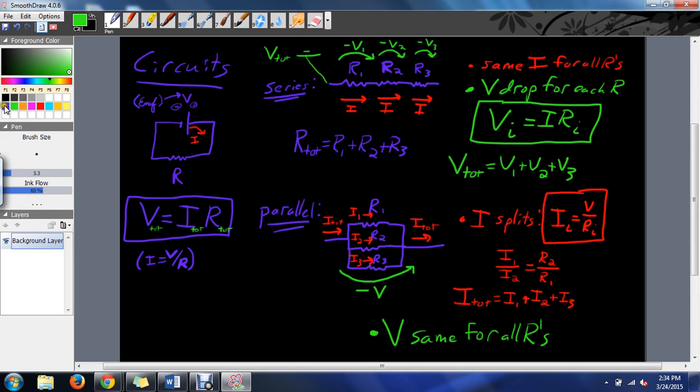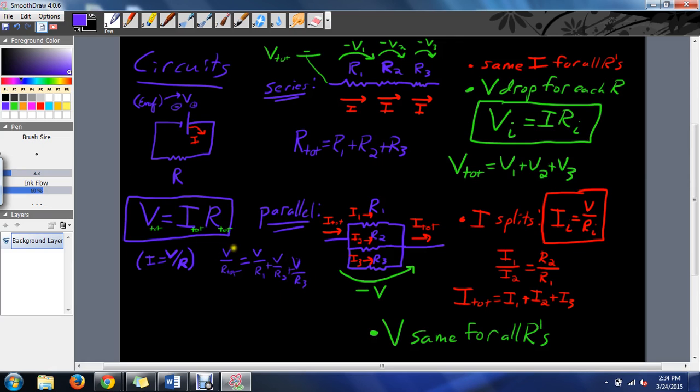And last but not least, notice how this equation with this results in V over R total. If we plug this in here, it equals V over R1 plus V over R2 plus V over R3.